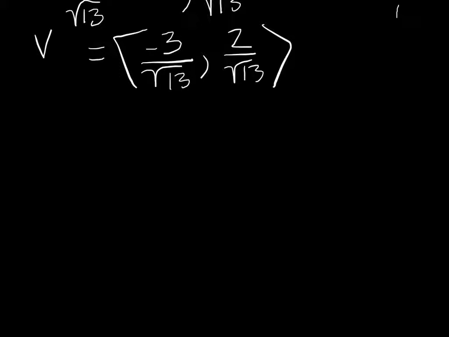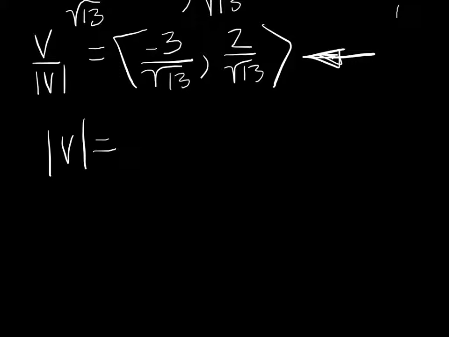Now what it wants us to do is verify that the magnitude, the length, of this vector is 1. So again, I'm going to find the magnitude of this vector using that equation.